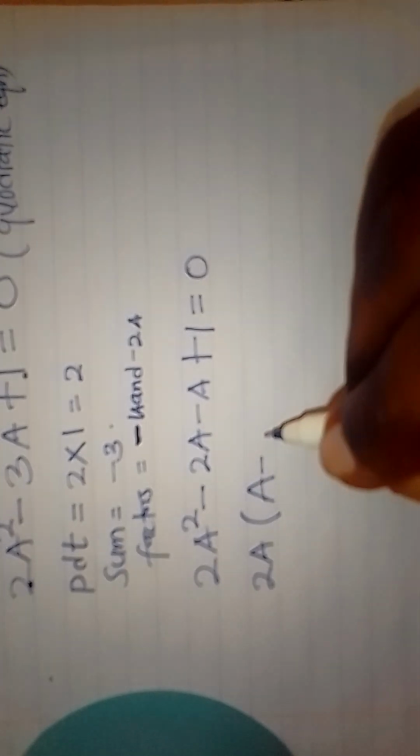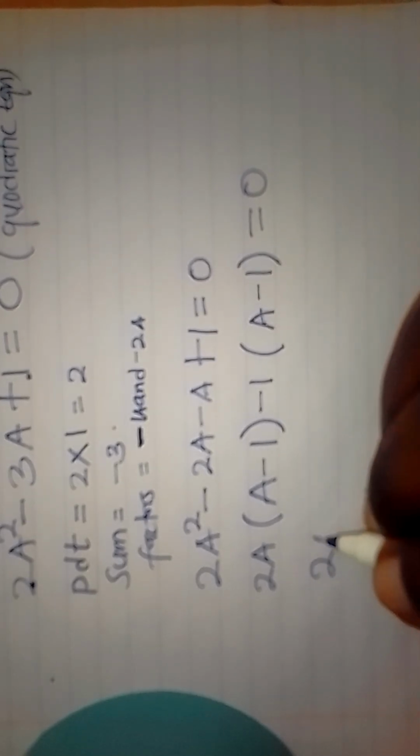And then we factorize. Here the common factor is 2a. You put a here, then minus 1, minus 1 into a minus 1 equals 0.